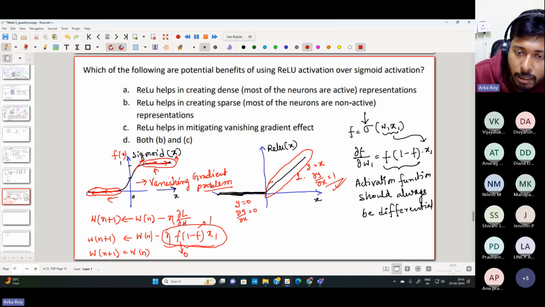And as the derivative exists, there is no vanishing gradient. The function itself clips the value to 0, so this part you can omit, but for the positive half there is no vanishing gradient as the derivative is unity. So this is the advantage of ReLU over sigmoid.